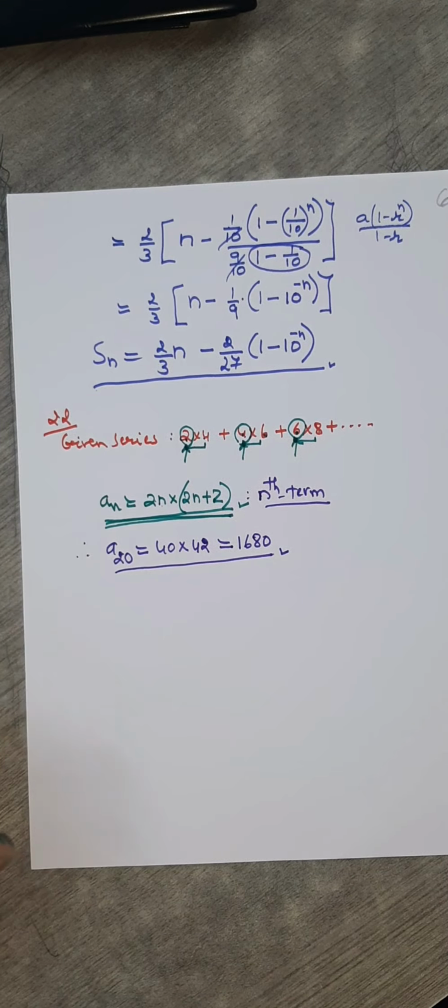Fine. What I did is I have just subtracted terms. This minus this: here 3, 7 minus 3 is 4, 13 minus 7 is 6, and so on. Similarly, this minus this will be the second last term, and this will be finally the last term. Fine.